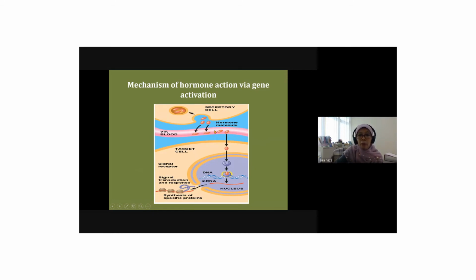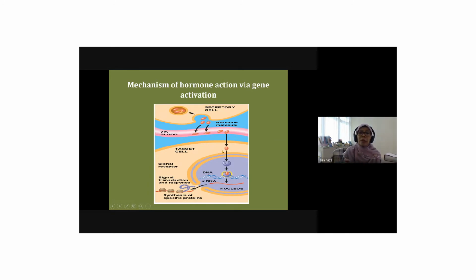The blood carries these hormones. But these hormones, for example the lipid soluble hormones like testosterone or progesterone, are quite small and lipid soluble, so they can cross. You see this is the plasma membrane. This hormone can cross through, it can enter inside.